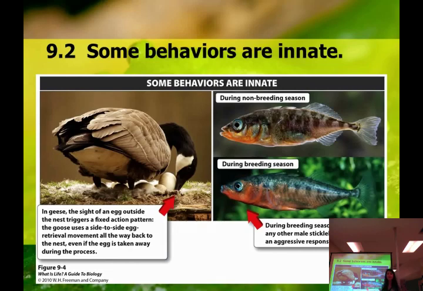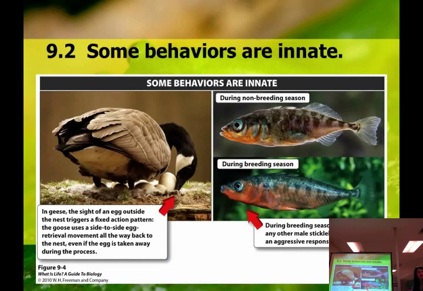And so scientists have done studies where they've looked at putting eggs of different species, and the goose will still roll it right back into the nest. Even if it's never seen another goose, it will still do that, so it's not something that they learned from their parents. And they did a really mean experiment where they put beer cans outside of the nest of the geese, and the geese would still roll the beer cans back up into their nest.